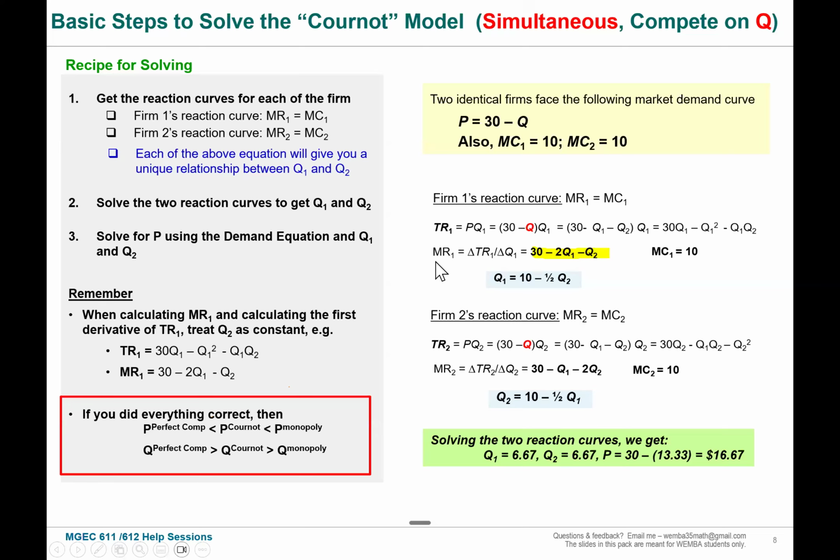The marginal revenue of firm 1 is the first derivative of this total revenue with respect to Q1. Very important. You take the derivative with respect to Q1, not Q2, to get the marginal revenue of firm 1.